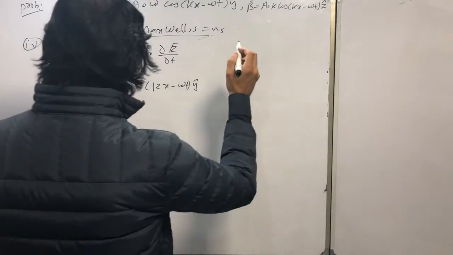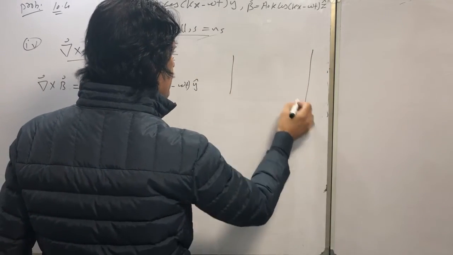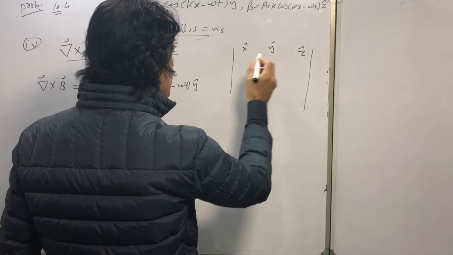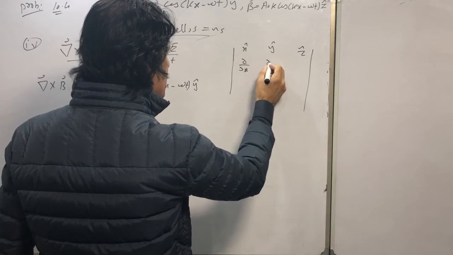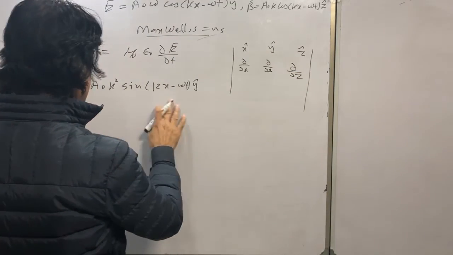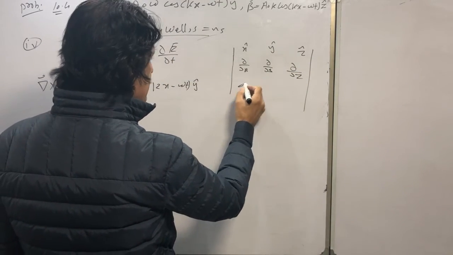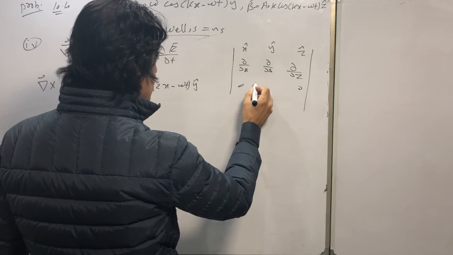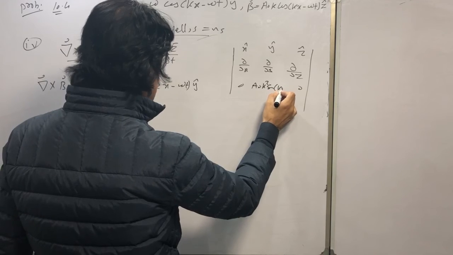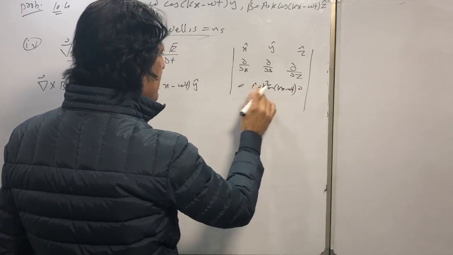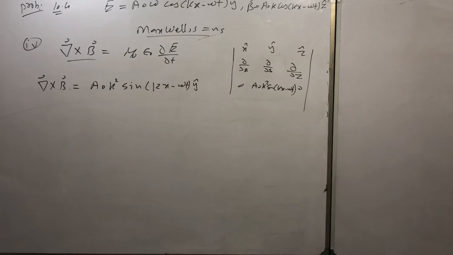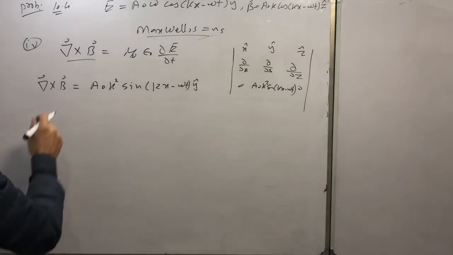So you can do this very easily because you have a determinant x, y and z, partial divided by partial x, y and z, and we have this term in the y here, a naught k square sine of kx minus omega t. You can get this del cross B, which is equal to this thing.